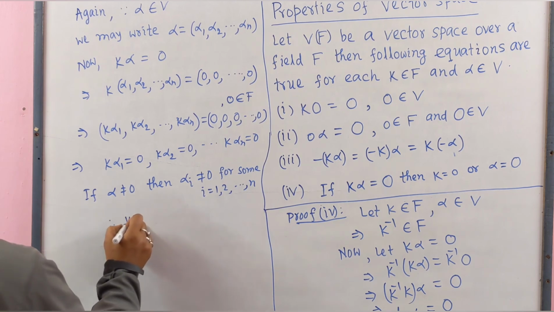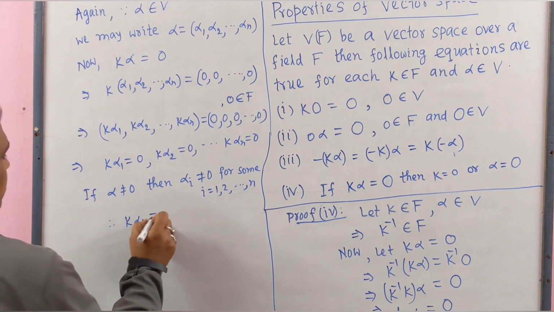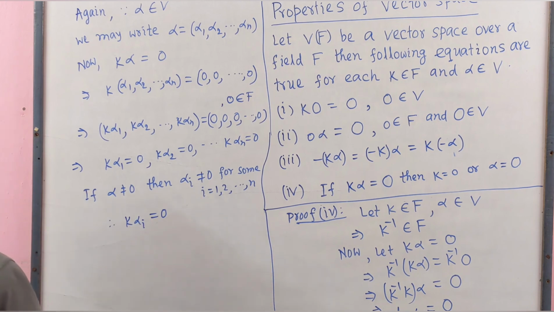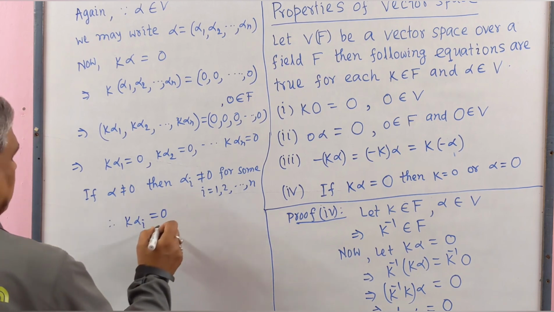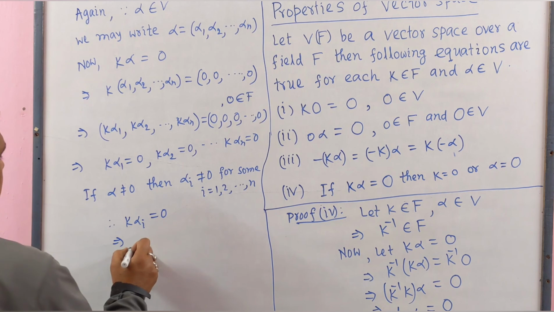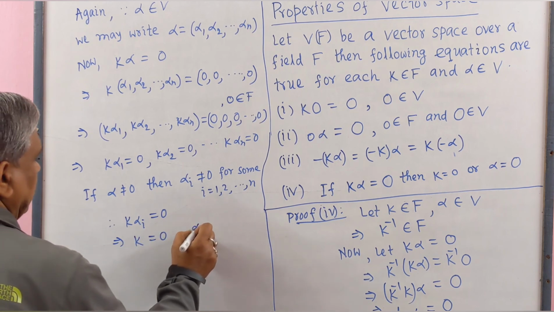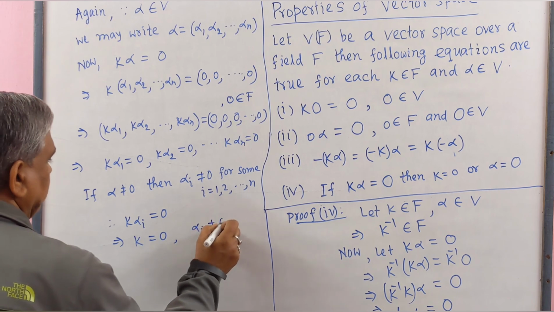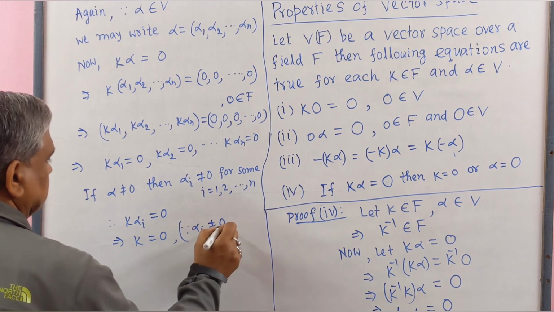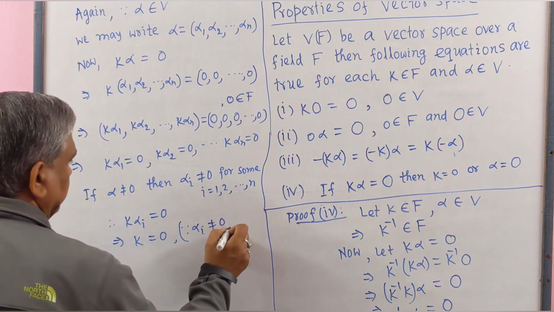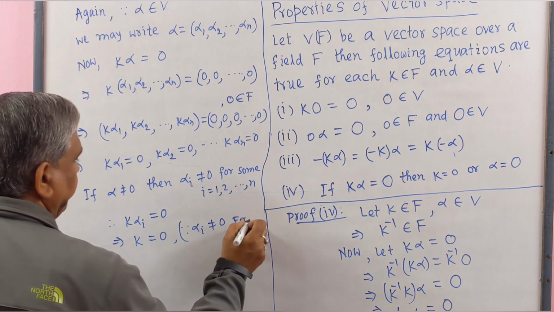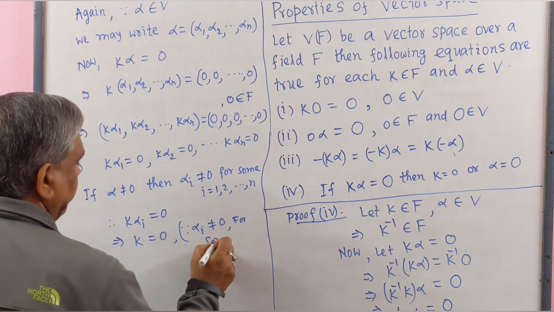Therefore, k alpha i equals 0 implies that k equals 0, since alpha i is not equal to 0 for some i.